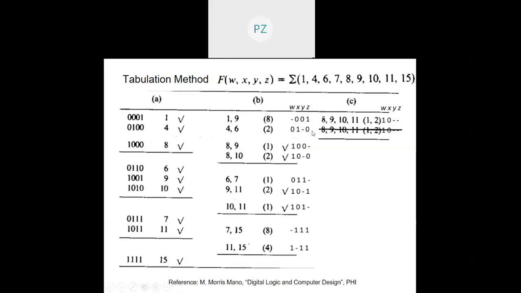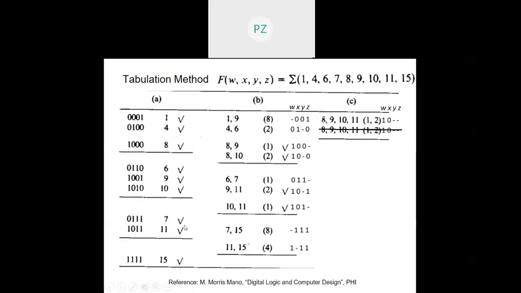When I'm combining 8 9, it gives me 1 0 0 dash. 8 10 will give me 1 0 dash 0. So that covers these two combinations.